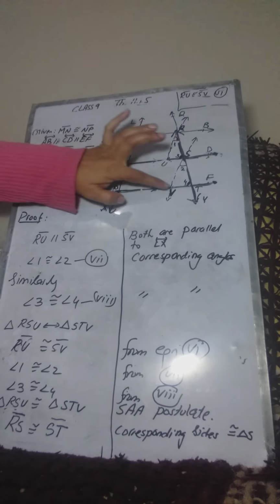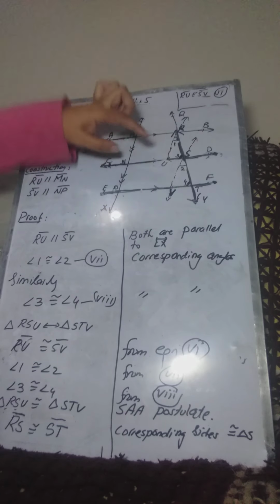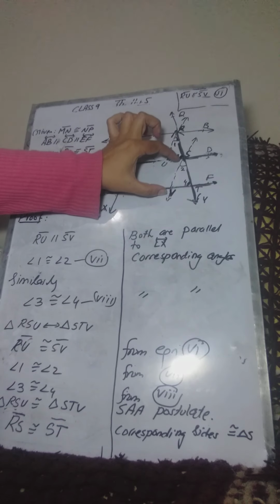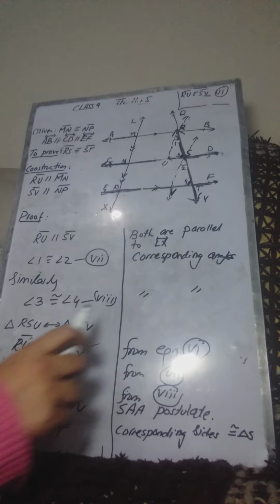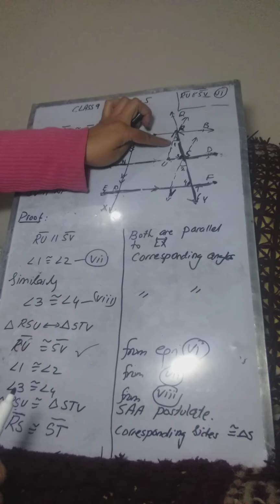Similarly, we formed this parallelogram, and NP became congruent to SV. So these two were congruent, therefore these two also became congruent. So from here we got the side which we have used here. And from these two parallel lines and this transversal we got the angle 1.